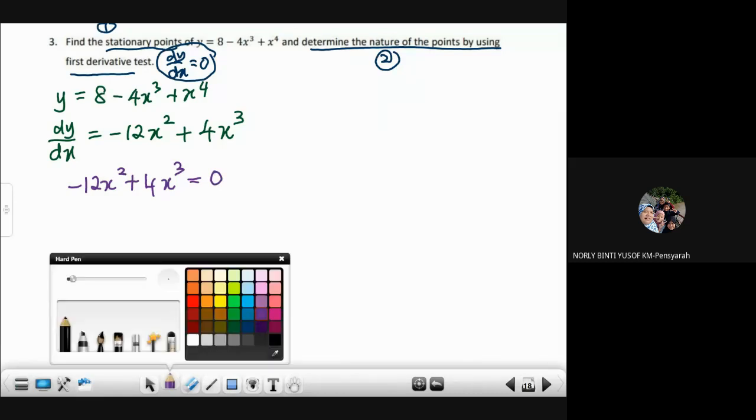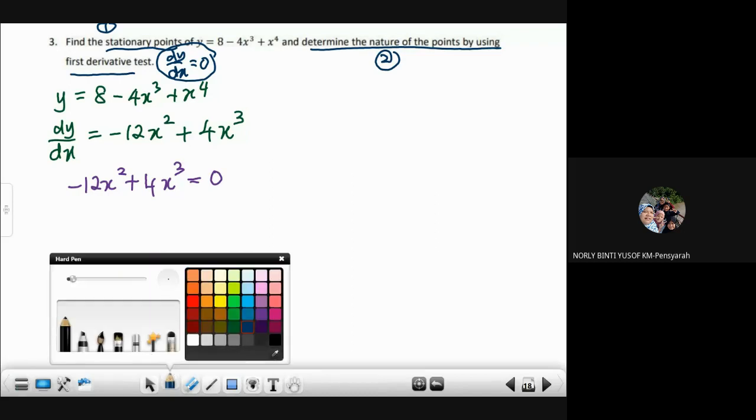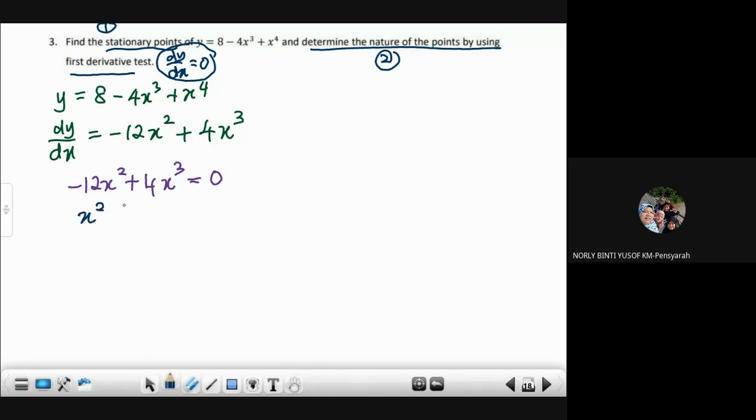So samalah kat sini kan, you nampak term yang sama iaitu x. Satu kuasa 2, satu kuasa 3. So you take out the common factor. Okay, common factor tu adalah x kuasa 2. 12 dengan 4 kalau nak keluar boleh. Ada pelajar dia tak nak keluar nombor pun, is up to you lah. For me, you dah nampak 12 dengan 4, sifar yang sama, then you factorize.